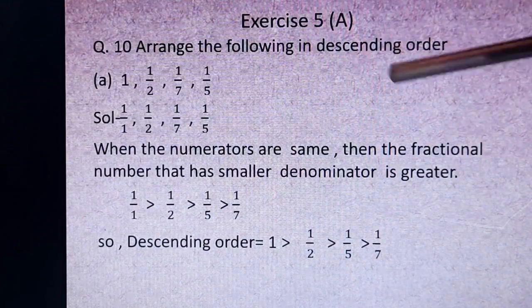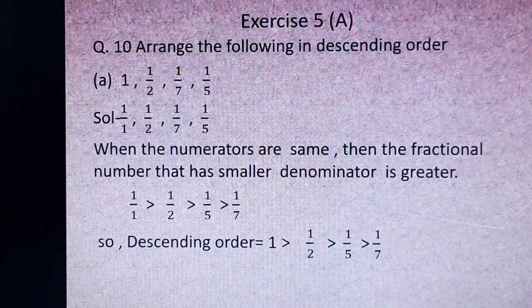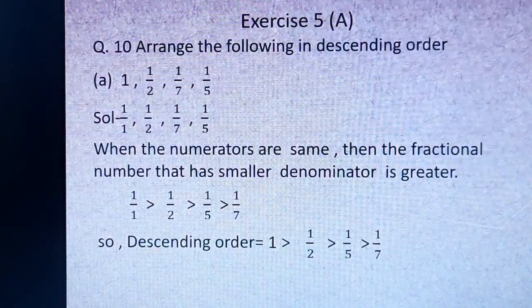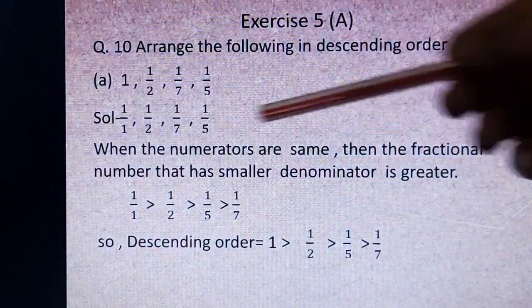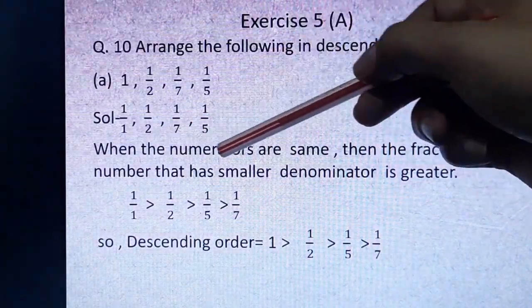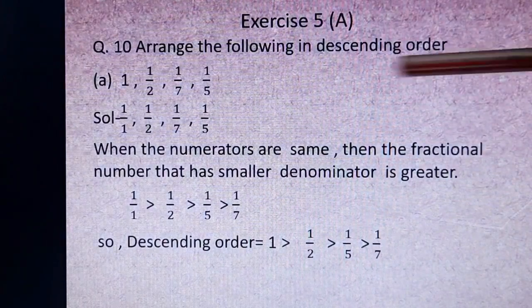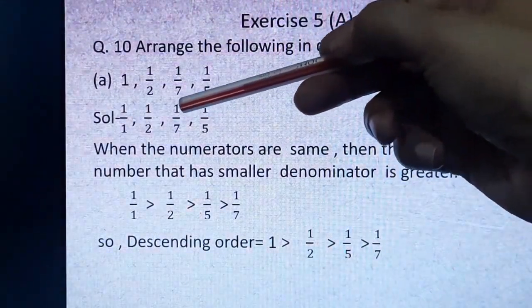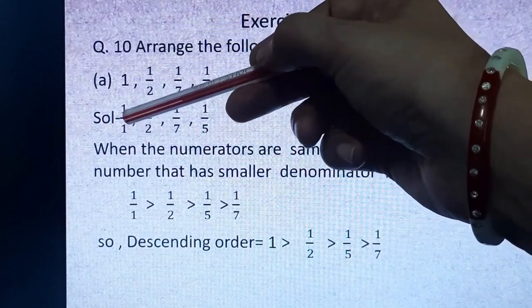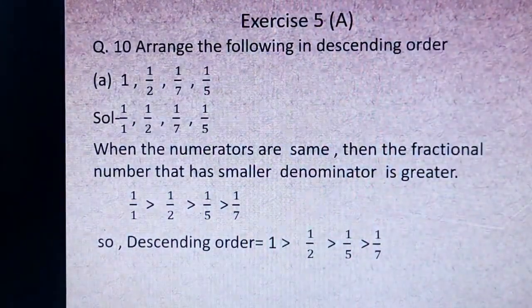Now we have to arrange in descending order. When the numerators are same, then we will check the denominators. So when the numerators are same, then the fractional number that has smaller denominator is greater. So let's check the fraction number with the smaller denominator, that is 1. 1 upon 1 will be the first term.